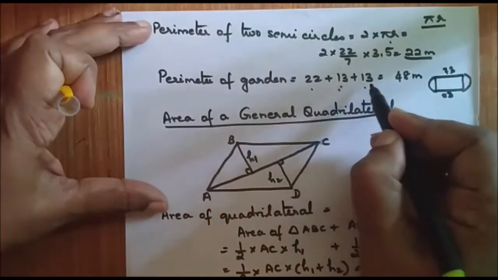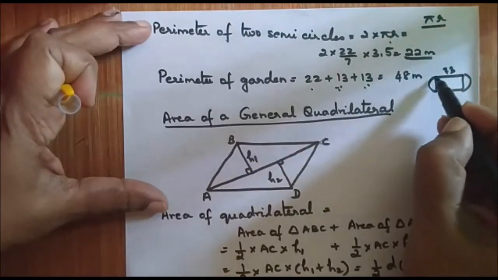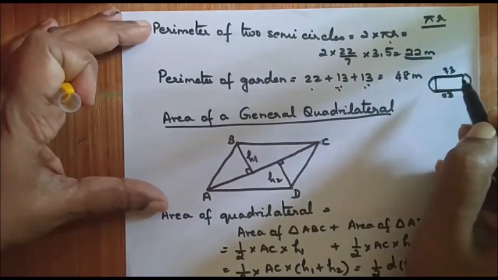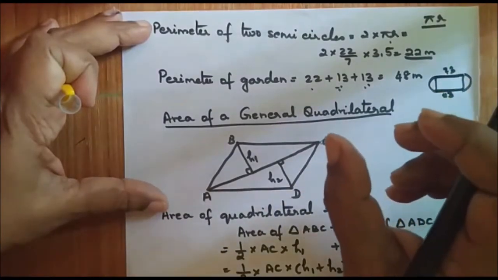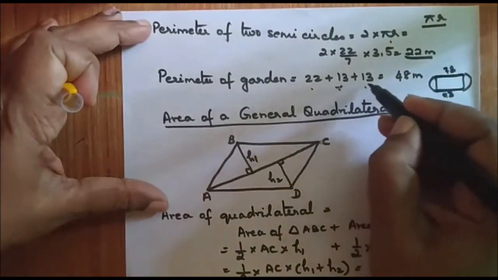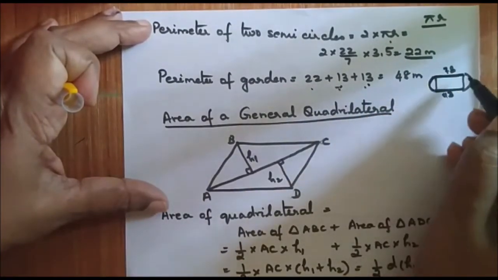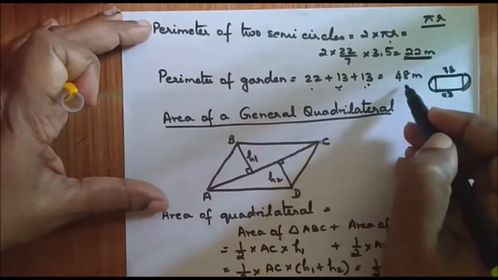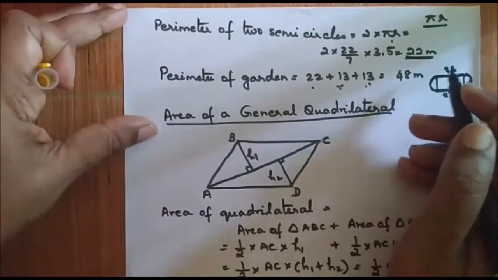How we got 13: two times the length of the rectangular plot, after subtracting the length of the semicircles, we got 13, isn't it? There are two lengths, so it is 13 plus 13. Then the circumference of these two semicircles, we got it as 22. When we add all that, we get 48 meters.